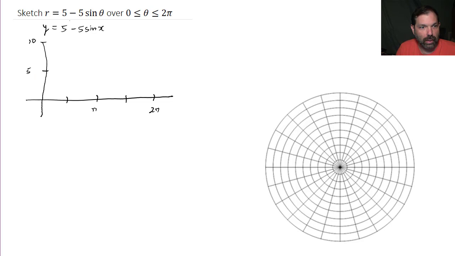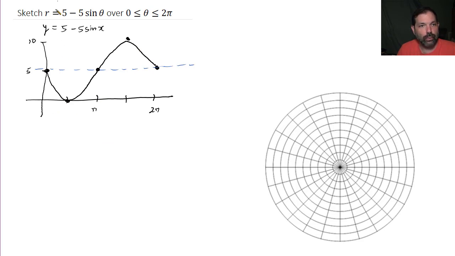So my midline, my important points, 0. Midline, midline, midline. Now, normally the sine curve would go to a maximum first, but this is flipped, so it's going to go to a minimum first. So here's the curve, 5 minus 5 sine x.